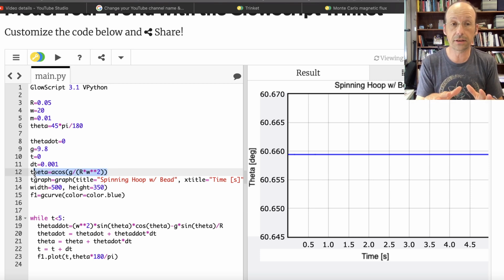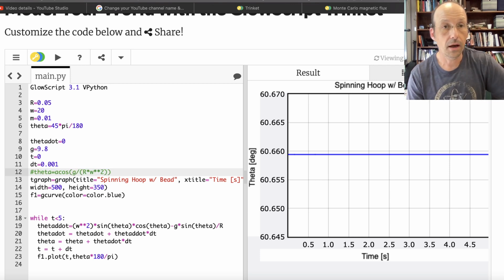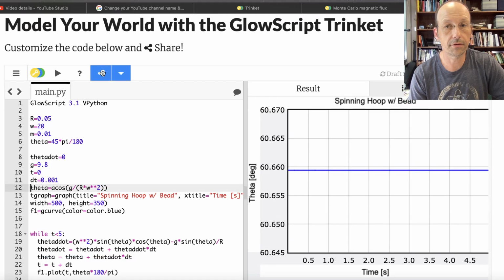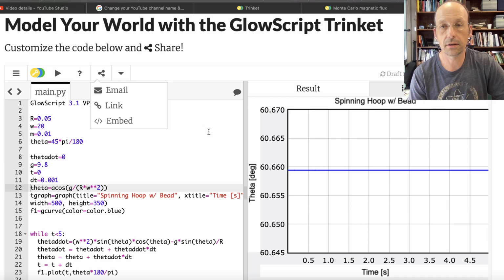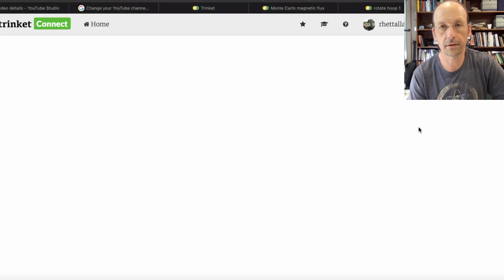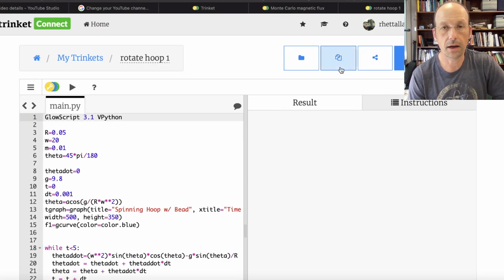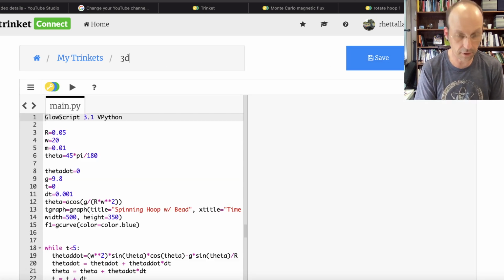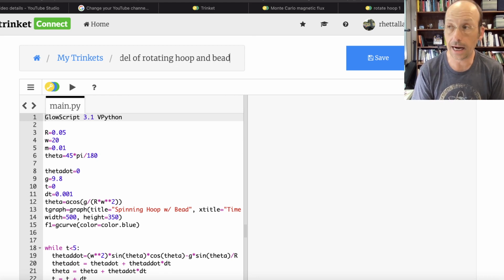I'm going to take this out in just a second. Actually, let's take this out now. I'm just going to comment this out. Let me copy this first. So let's just make a copy of this. Update view on trinket. Okay, then copy it. 3D model of rotating hoop and bead.